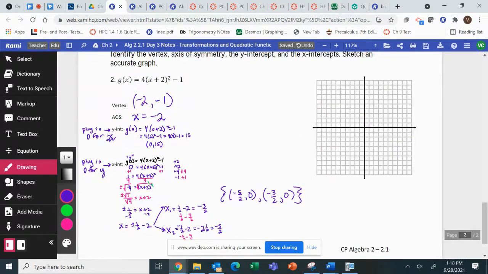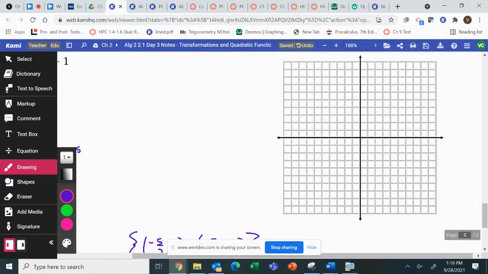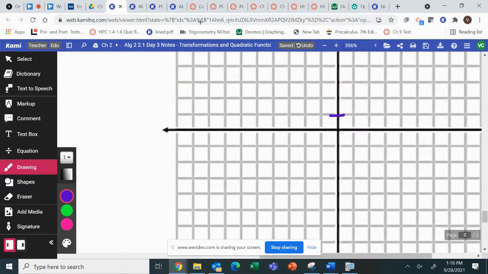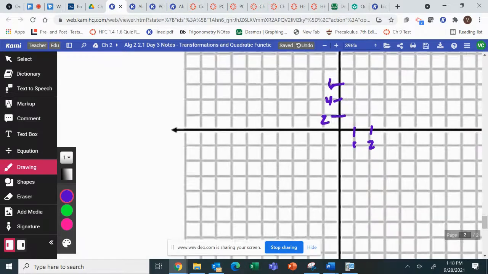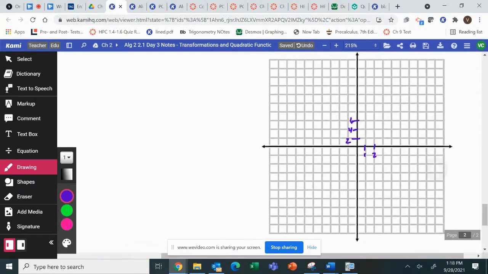If I am going fast, which I am going kind of fast right now, remember you can just watch part of the video if you need it. I am renumbering only my y-axis. It doesn't really matter which ones you renumber, but I just chose to only renumber my y-axis so I can get to that 15, which is like here. There's 15.